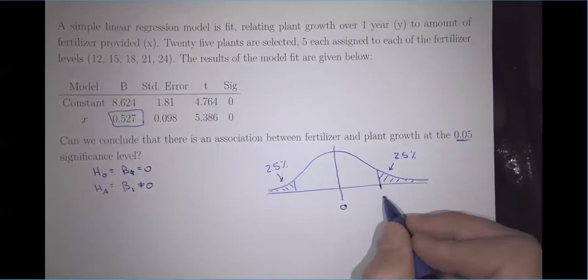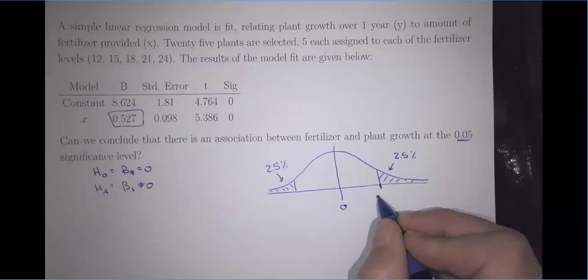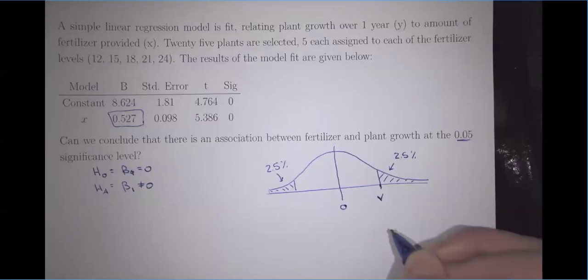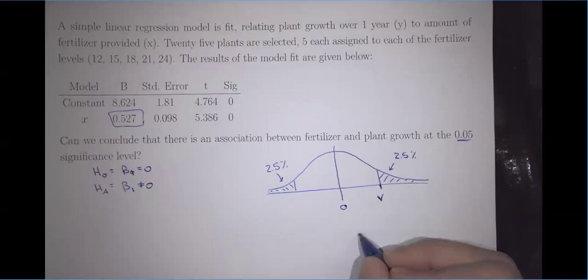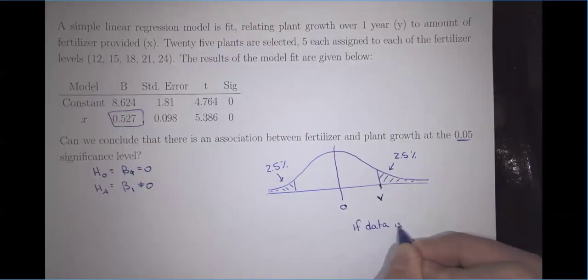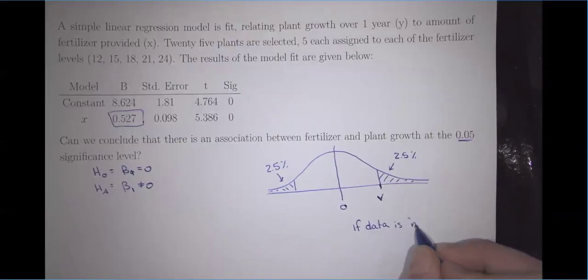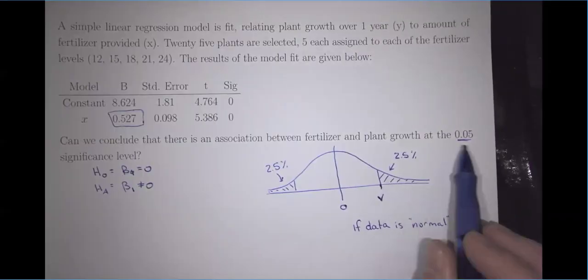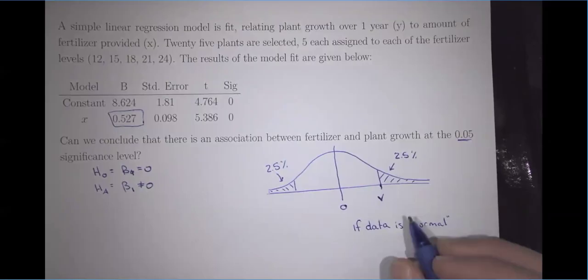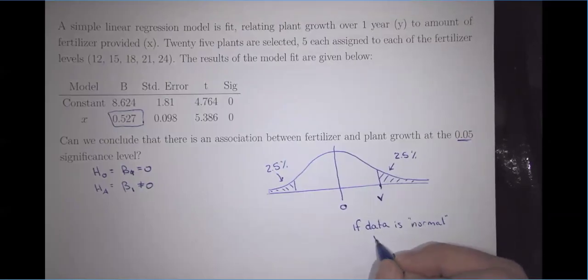I'm going to call it value V, because I want to talk a little bit about value V. If this model is normal, the cutoff value for 5% in a two-tailed test is approximately equal to 1.96.